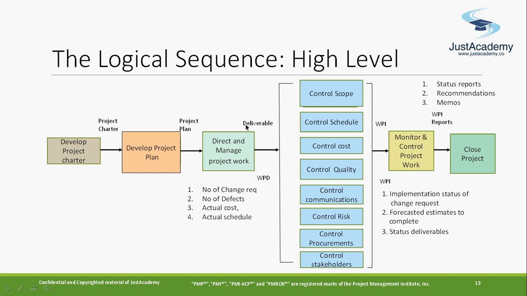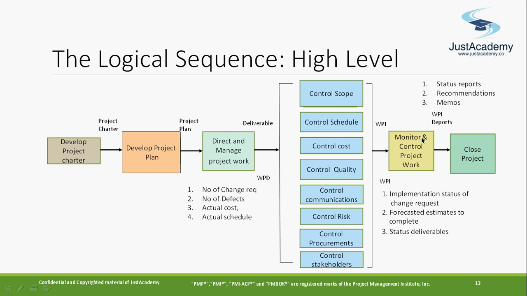So when any deliverables or work performance data go through the control process, it gives you work performance information. It gives you the status of those activities at that moment in time. Ten things have been asked, 5 have been done, that is the status. And what status is going to be delayed, and which activity is not being done in the particular time. So you can say this activity has been delayed. That's called work performance information.